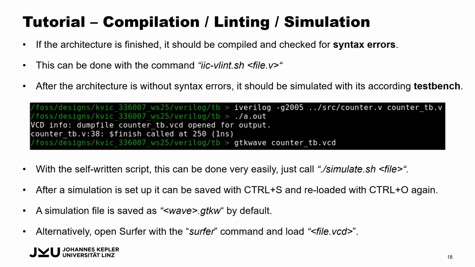And if you load the VCD file with GTKWave, then you can save it with Control S or reload another VCD file with Control O. And alternatively, if you want to use Surfer, just enter Surfer in the command line and then manually load, for example, the .vcd file.